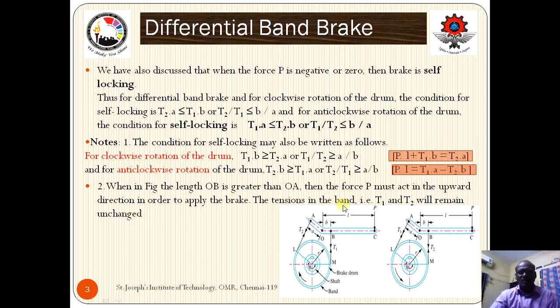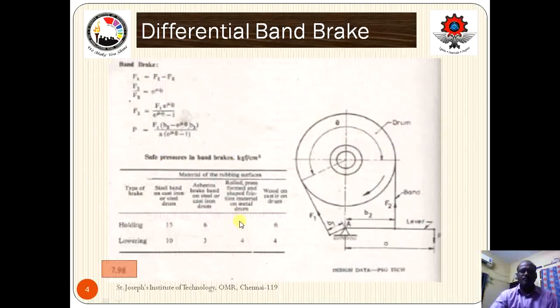The tensions in the band, T1 and T2, will remain unchanged. So these are the conditions of self-locking of the brake. That is, even when P is 0, what will be the length required. Always maintain the differential length so that B is greater than A, based on the tension available due to the rotation of the drum.